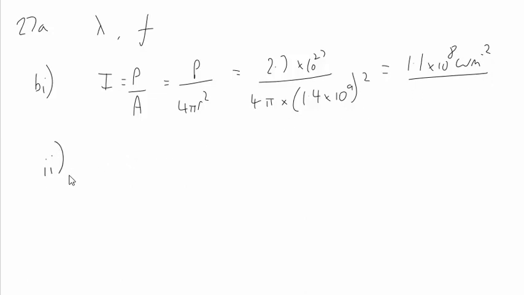In part 2, we're to calculate the energy of a photon with wavelength 5.0 times 10 to the minus 7 meters. Well, photon energy is the Planck constant times the speed of light over the wavelength.